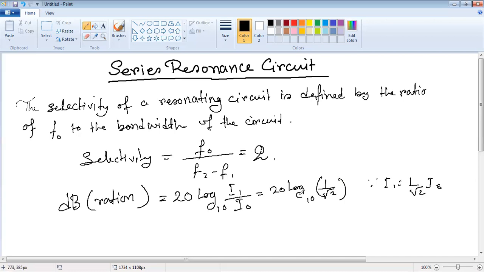So I0 is cut down, and 3 dB is this dB ratio, that is called minus 3. So I1 is lower than I0 by 3 dB, and similarly F1 is also lower than F0 by 3 dB.